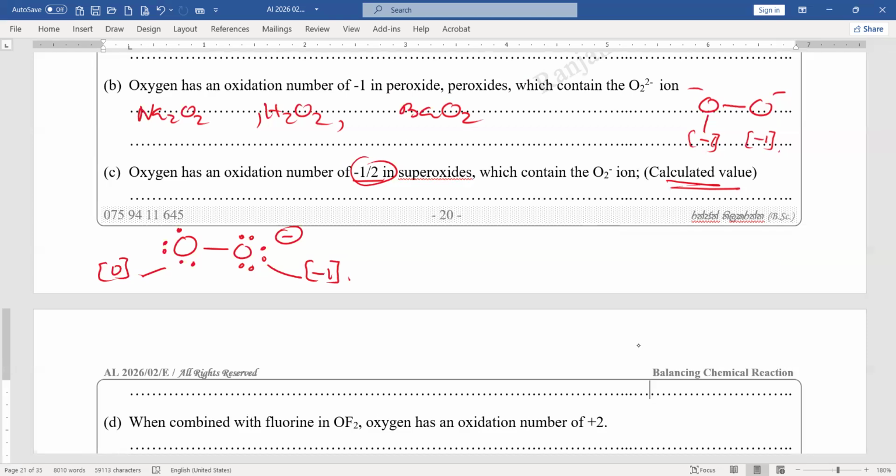This is a calculated value and it is wrong. Why? Electrons cannot be further divided into smaller particles. That's why it cannot have -1/2. It's just a calculated value.